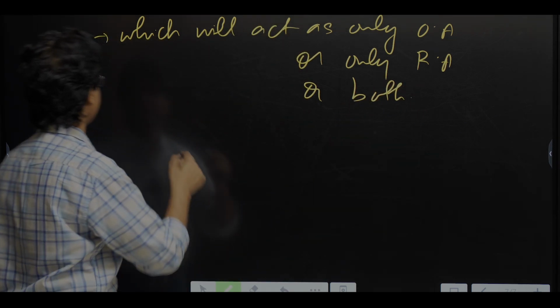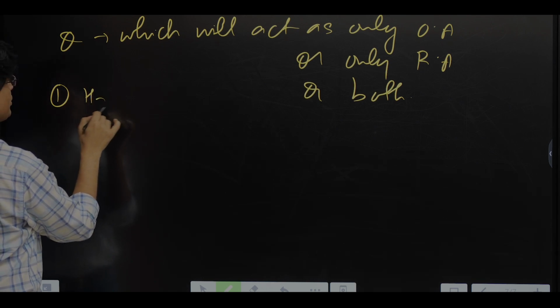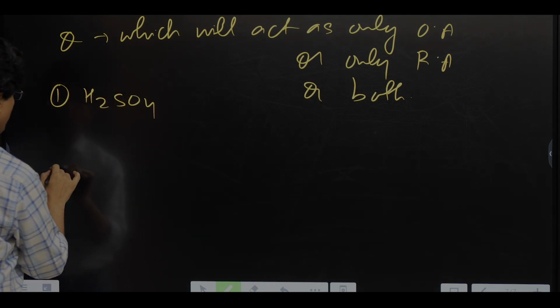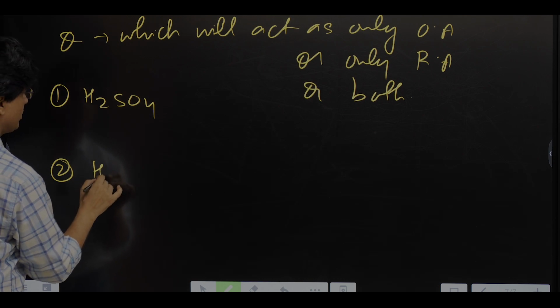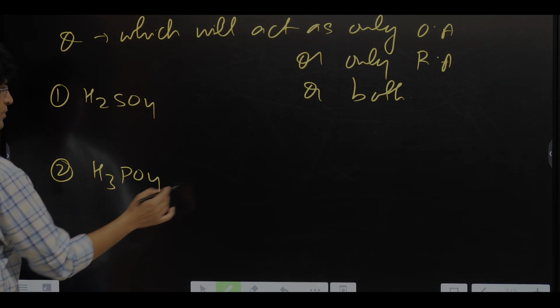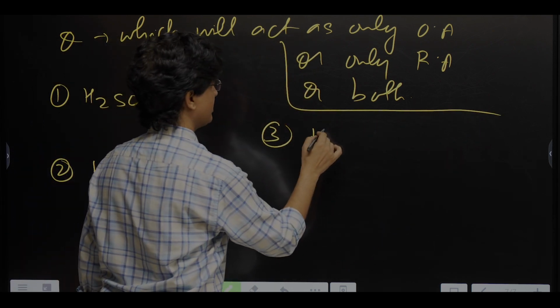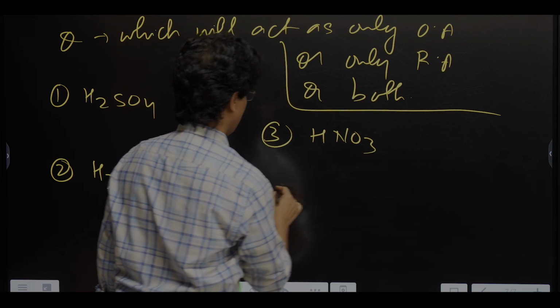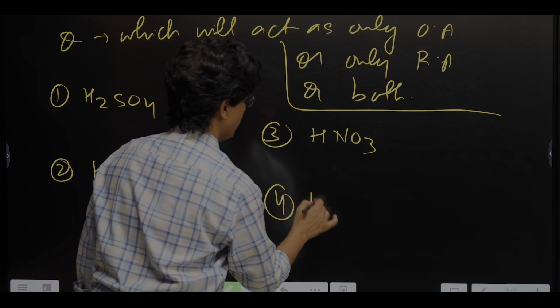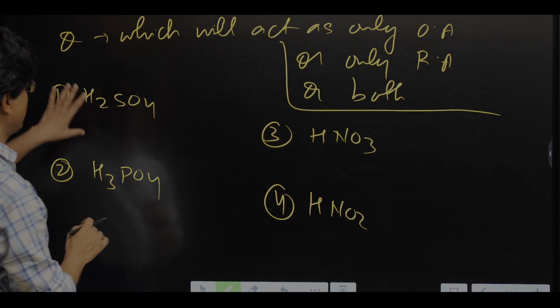So the first option I'm giving you is say H2SO4. The second option I'm giving you is H3PO4. The third option I'm giving you is HNO3, and the fourth option is HNO2. We'll do more questions, but let us find it out.